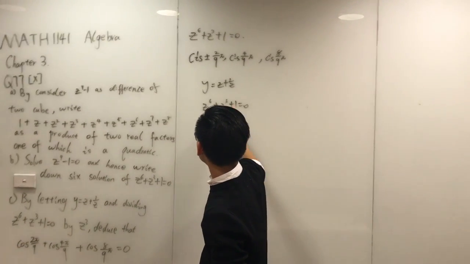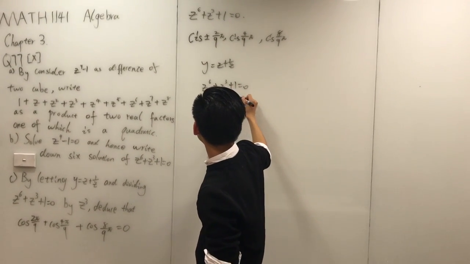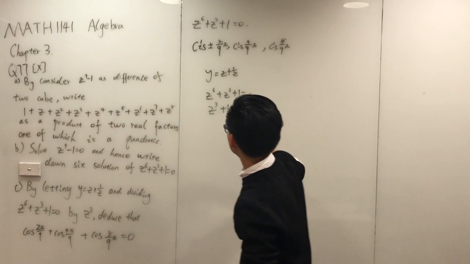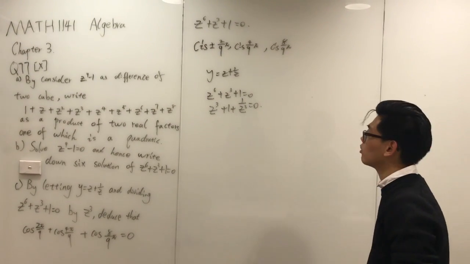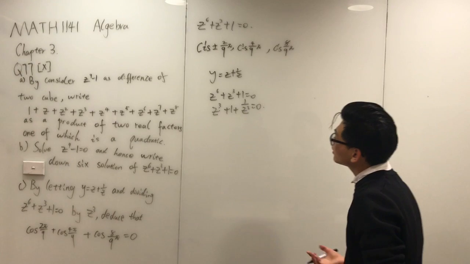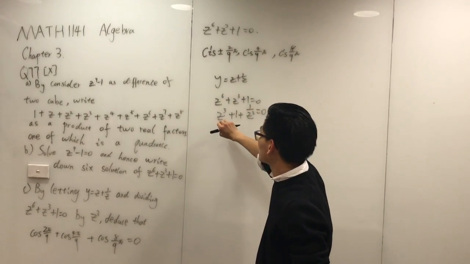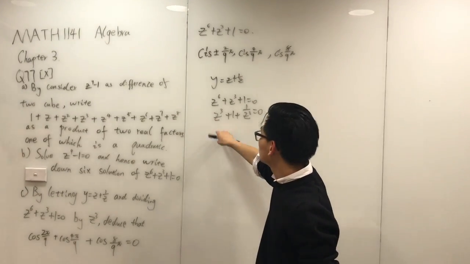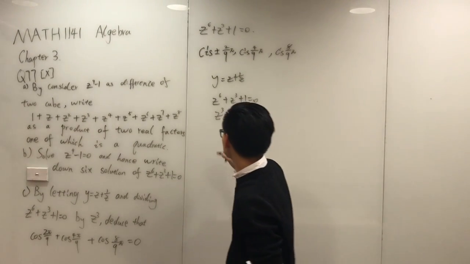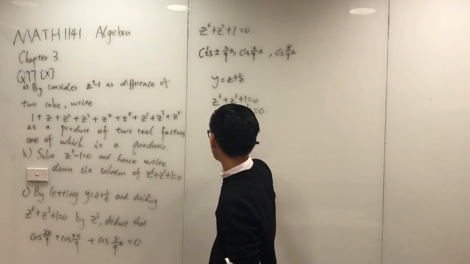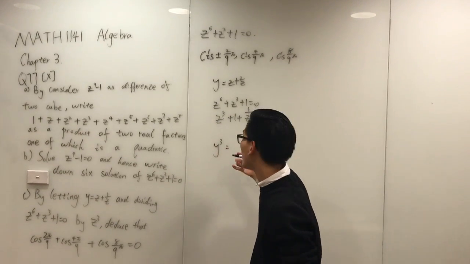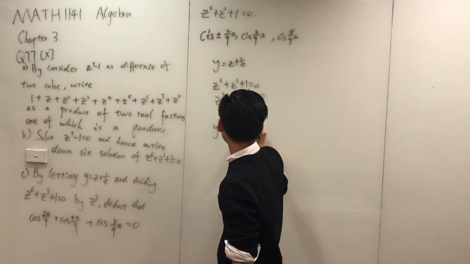Divide by z cube, we got z cube plus 1 over z cube plus 1. And clearly we see y equals z plus 1 on z, and we see z cubes here. It's natural to think about the cube of y, which is z plus 1 over z cubed.